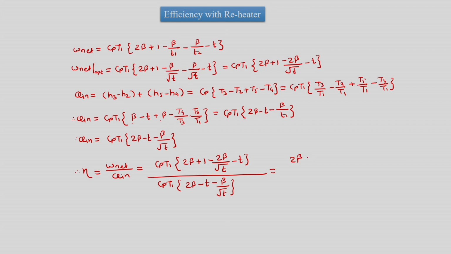So we have twice beta plus 1 minus twice beta upon root T minus T divided by twice beta minus T minus beta upon root T. So this is the formula for maximum efficiency in case of Brayton cycle with reheater attachment.